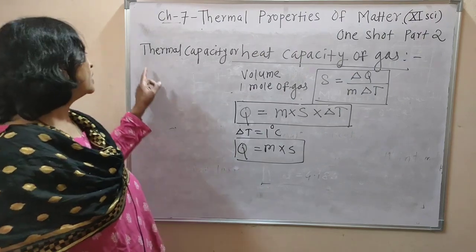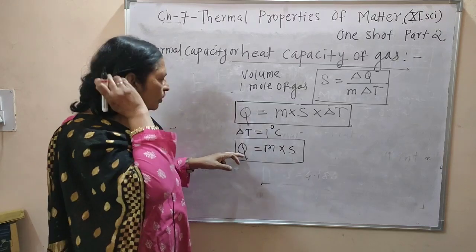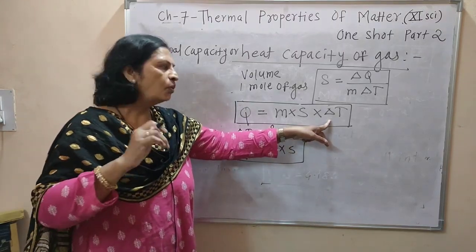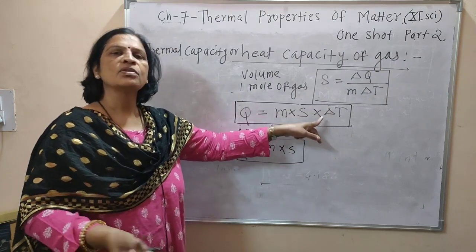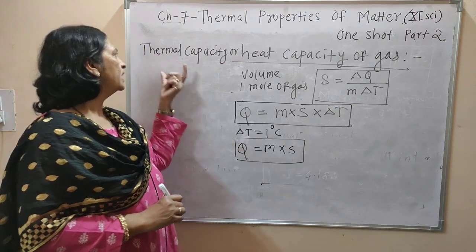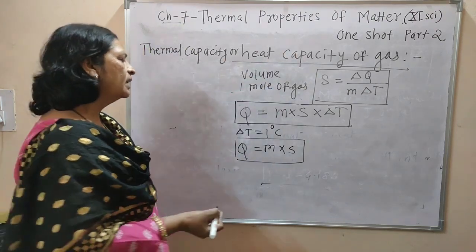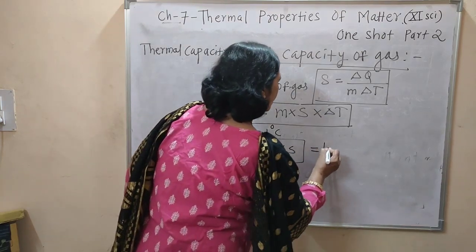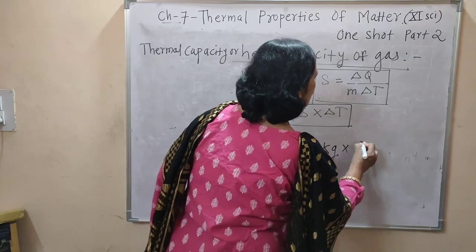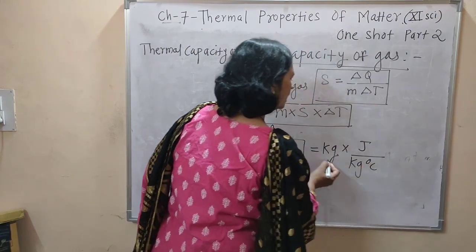And what is the definition of thermal capacity or heat capacity? The amount of heat required to raise the temperature through 1 degree Celsius or 1 degree Kelvin, that amount of heat is called thermal capacity or heat capacity. Now we know that the unit of mass is kilogram, and the unit of specific heat is joule per kilogram per degree Celsius or per degree Kelvin.